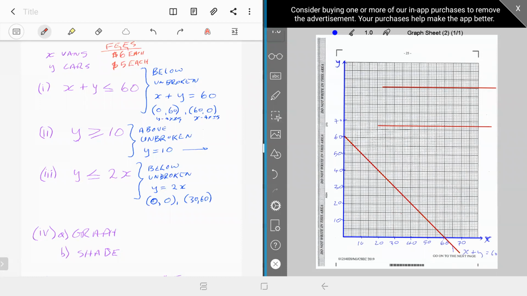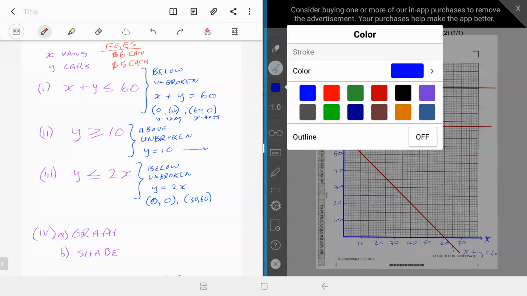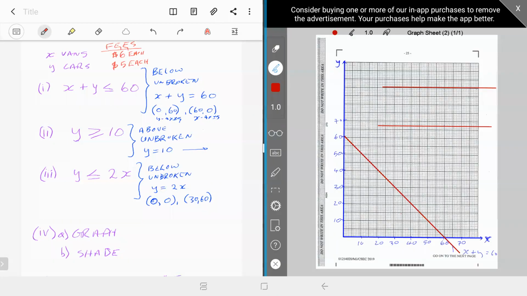That means that I want below this line. Let's use the same color as the line for it. So I put the arrow on this line pointing down. That means that I want somewhere under here, below that line. That's what I want. The next line though is this one.